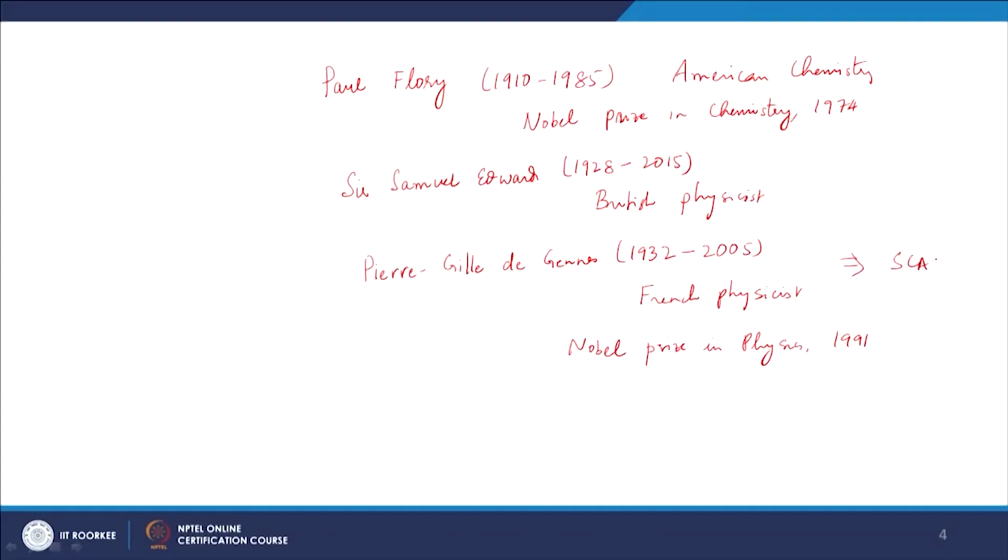And then finally, de Gennes added a new component to it, which is known as the scaling approach, something that is building on Flory's idea, but that becomes useful in many applications of polymers, and it has a much more sound physical basis.